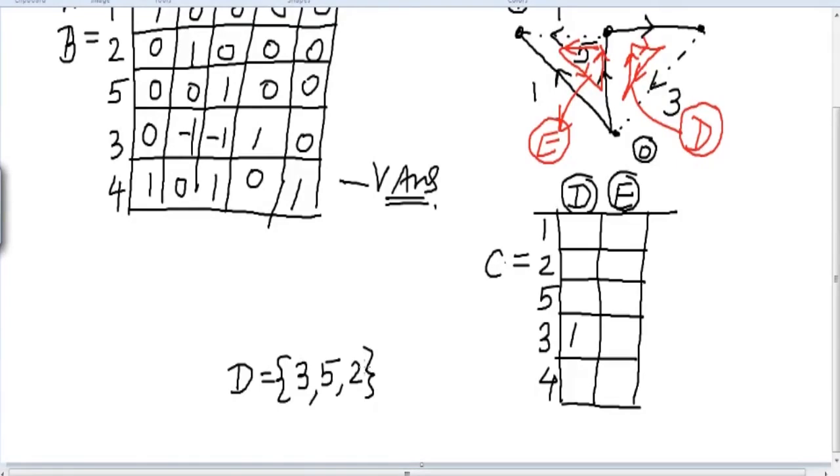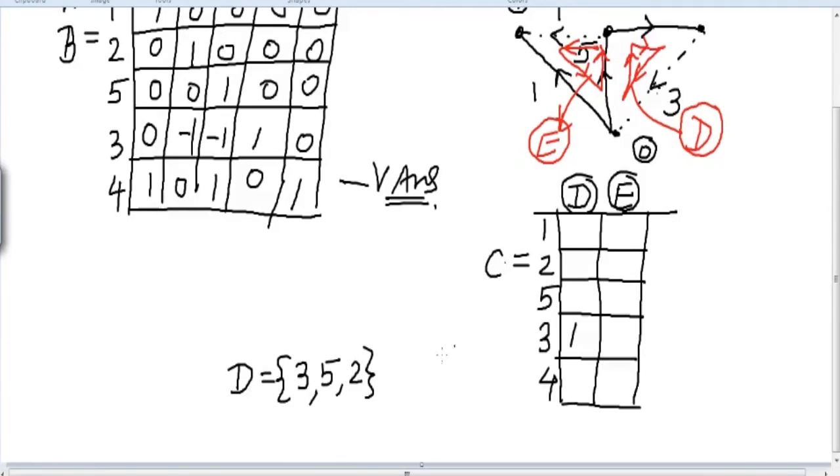This is the content of loop D. We have to check the direction of the loop and the direction of each element. For 3 we have already put the direction. The direction of 3 and the loop will be the same because we are making loop D by closing the link 3. So if this direction and this direction are the same, we put 1 here, right?